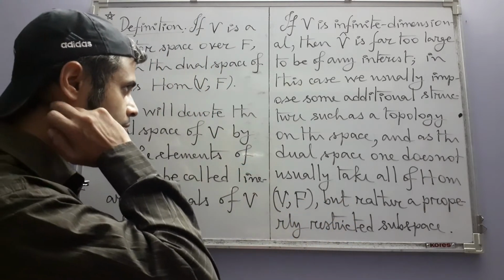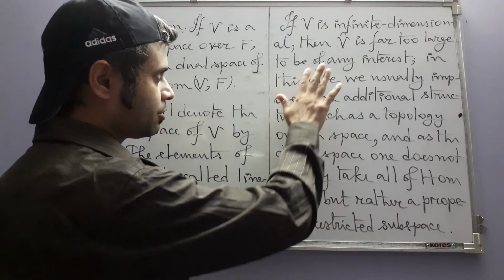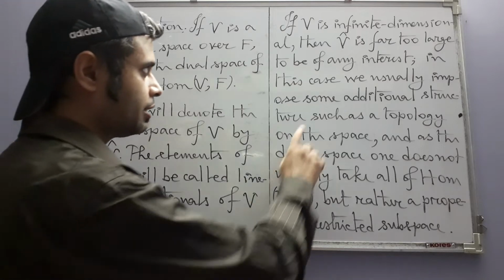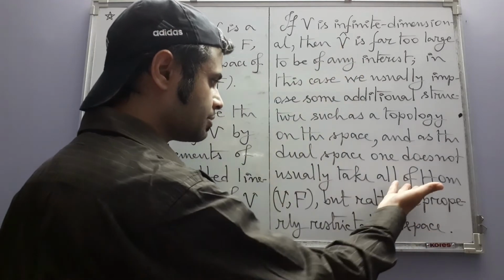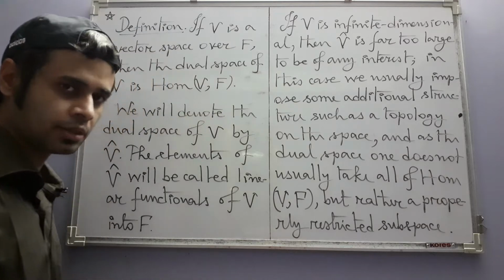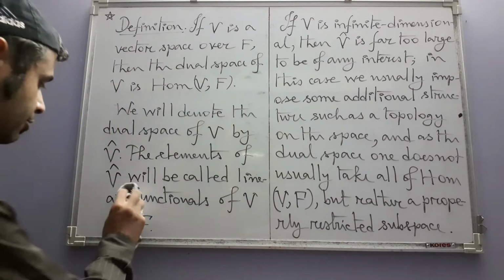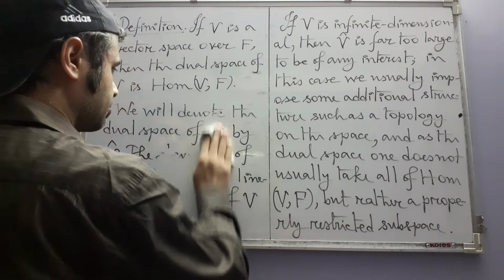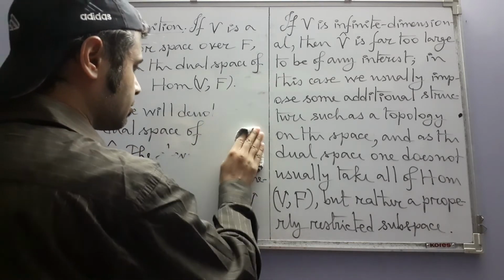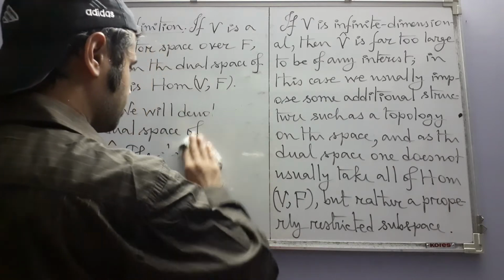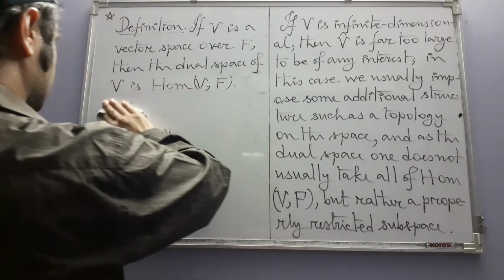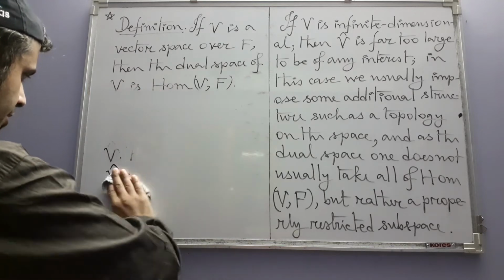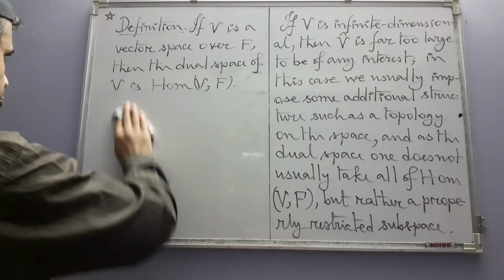For us, mostly we will be considering only finite dimensional vector spaces V, so that our V hat in fact is the entirety of Hom(V, F). So that also the author mentions next. The amazing thing about these things is that they look very abstract.